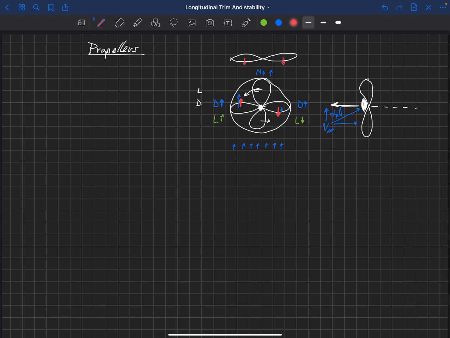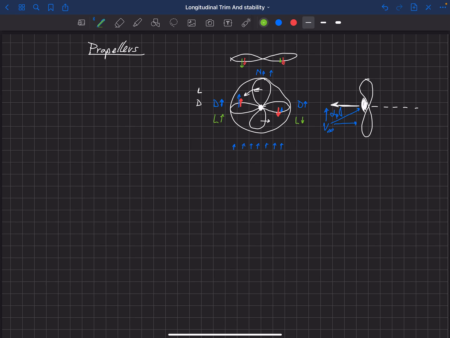But due to this change in lift on the one side, we're actually going to have an increase in lift on one side and a decrease in lift on the other side. Well, that actually creates a net yawing moment. So as the angle of attack changes on this, it's going to create a yawing moment due to the aerodynamics of this propeller. Okay, so I just wanted to talk through this as kind of an introduction here to see where these forces and moments come from for the propeller.